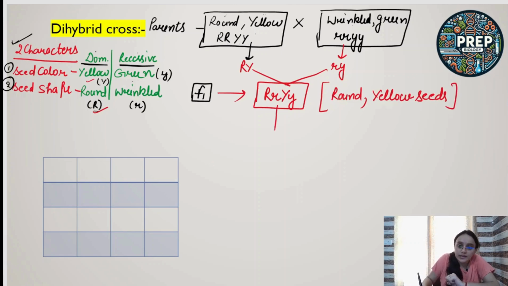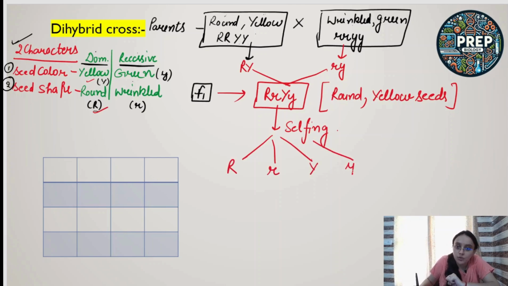Now we take the selfing. Selfing takes place and it will segregate the gametes, capital R, small r, capital Y, small y.